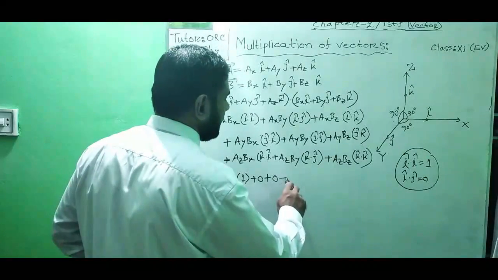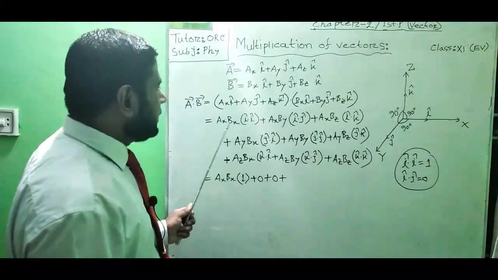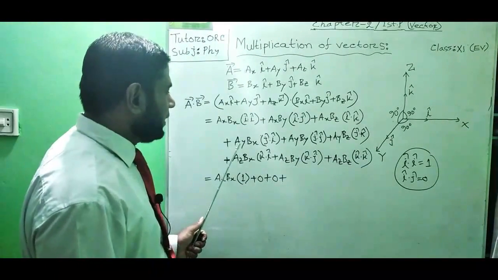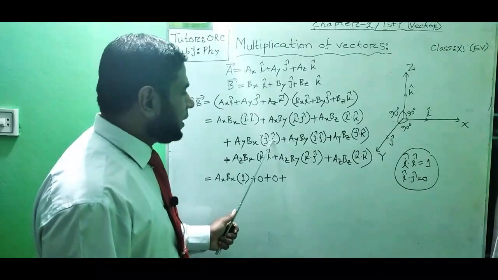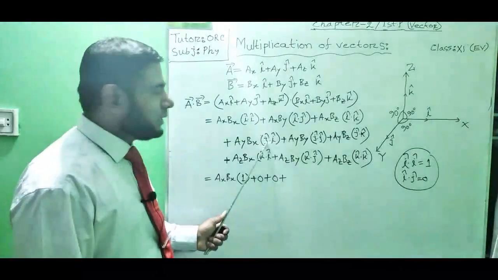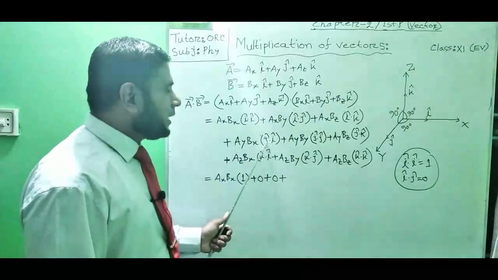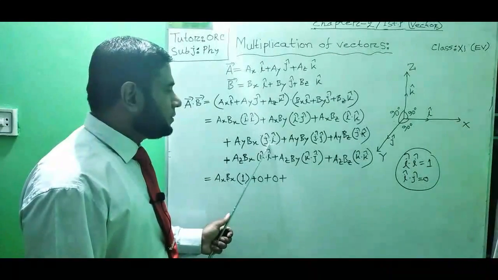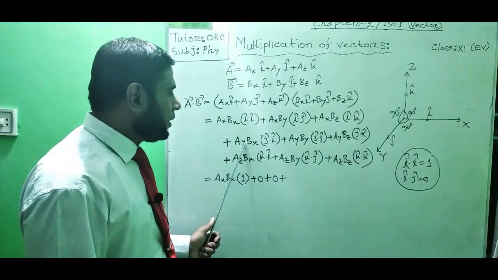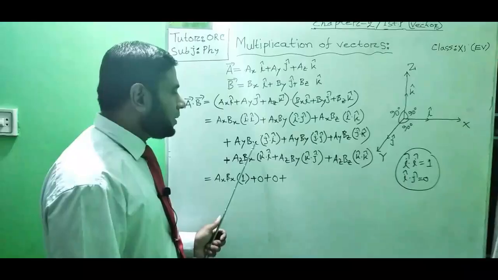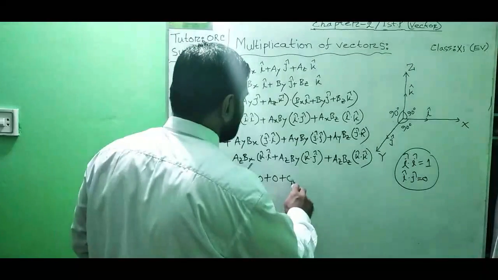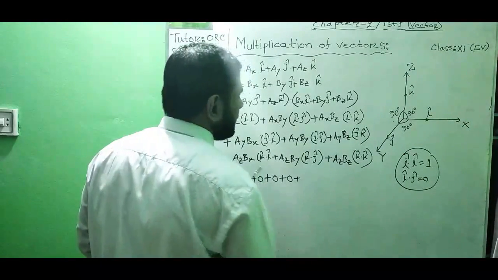0 plus, again, this first line is finished, plus again aᵧbₓ, ĵ·î. In this case also we can see the value ĵ·î will be 0. As a result, the total term will be 0 after multiplying. So it is also 0 plus, let us substitute here.